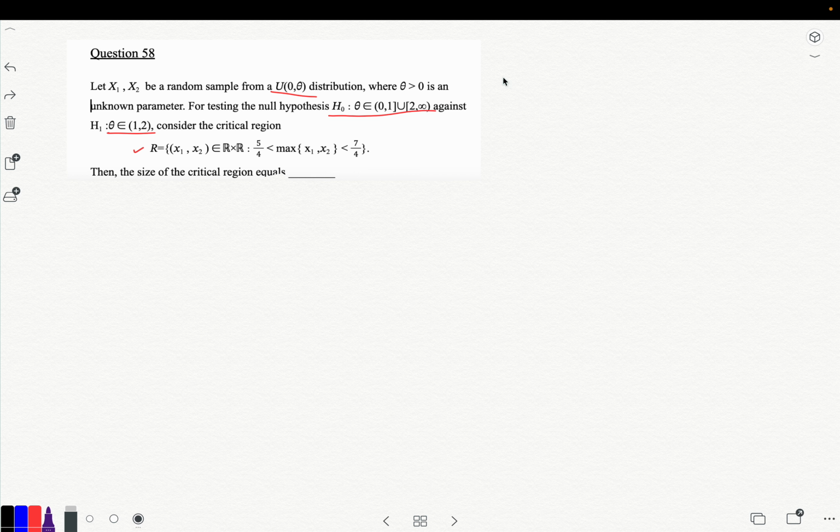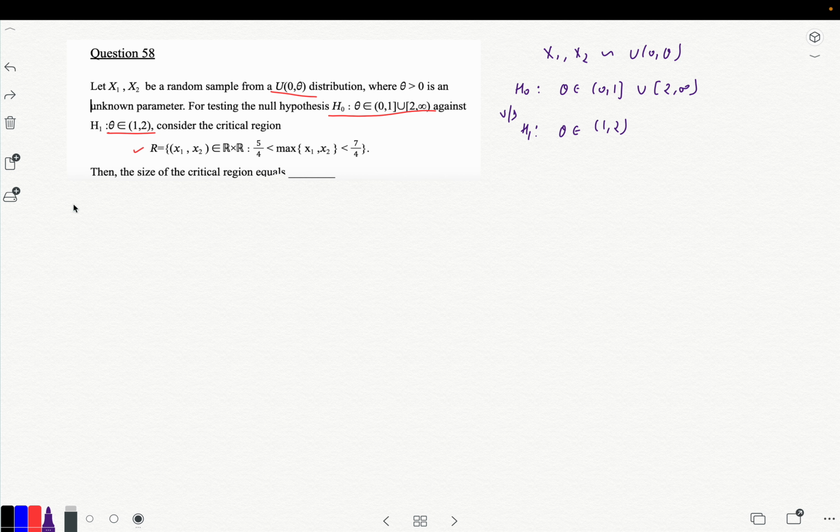Let's see what we are given. We have X1, X2 which are uniform (0, theta), and the hypothesis H naught, which is theta belongs to (0, 1] union [2, infinity), against the alternative hypothesis that theta belongs to (1, 2). We are also given the critical region corresponding to it.